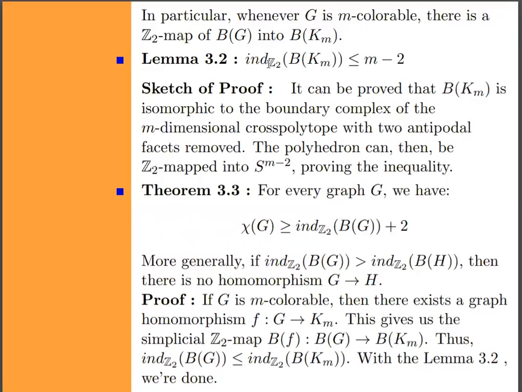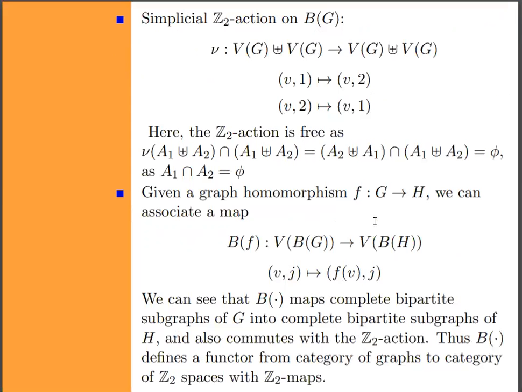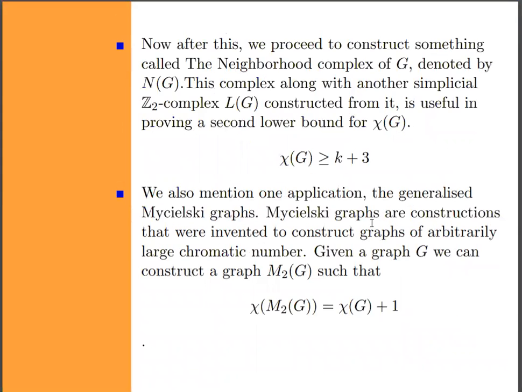Using this inequality, we get that the index of B of G is less than or equal to m minus 2 when G is m-colorable. Here m is just chi of G. So what we get is that the index of B of G is less than or equal to chi of G minus 2, which gives us this inequality here. So we have proved the first inequality that we mentioned in the overview, this one.